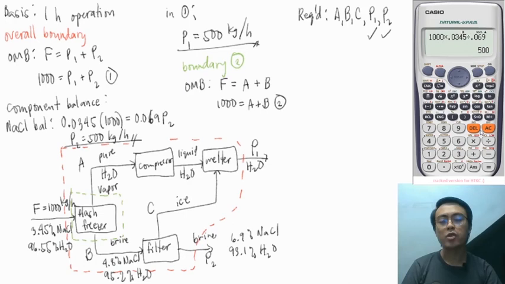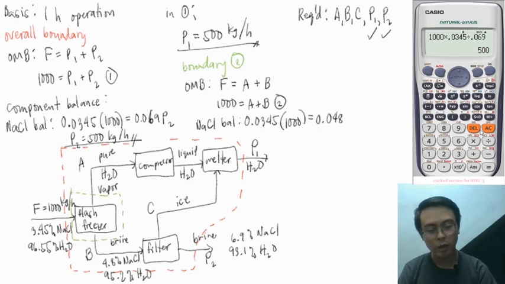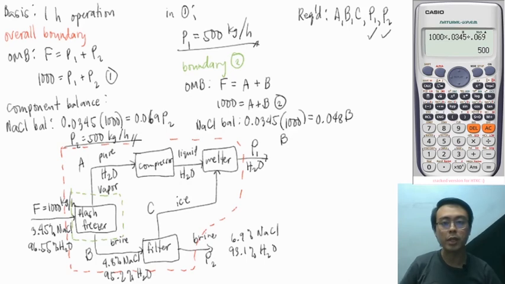Next, I have mentioned that sodium chloride again is a tie component in the flash freezer, so let's perform that. Tie component balance, sodium chloride balance. That would be 3.45% of 1000 is equal to 4.8% of B. You can directly solve for B. So this is 1000 times 0.0345 divided by 0.048.